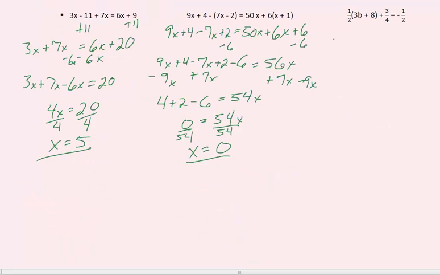In our last example, let's first distribute our 1/2 through our parentheses to get rid of the parentheses. So 1/2 times 3b will give us 3 over 2b plus 1/2 times 8 is 4 plus 3/4 is equal to a negative 1/2.